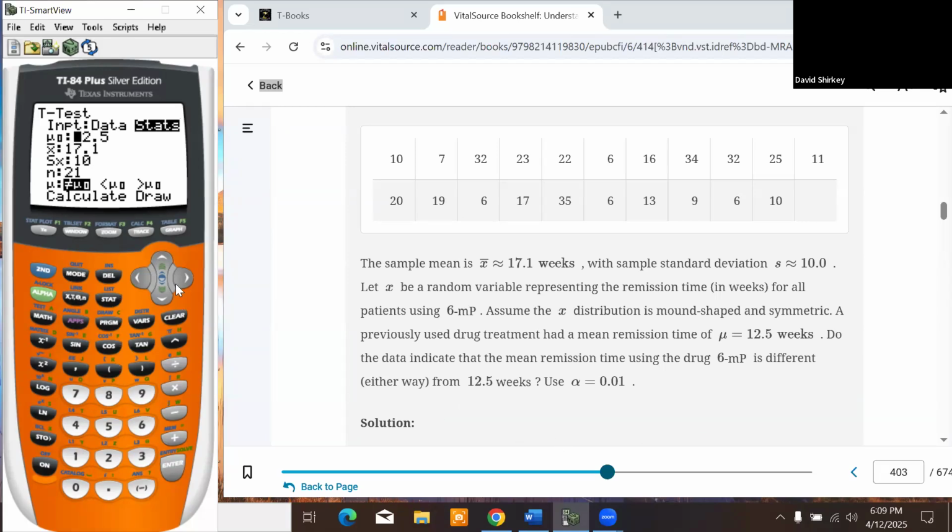So we know we're doing a two-tailed test. Let me go down here. So you want to make sure you select the not equal to mu sub 0. Then we'll go down to calculate. We'll press enter. All right, look at this p-value, 0.047. The p-value is greater than the alpha value, right?